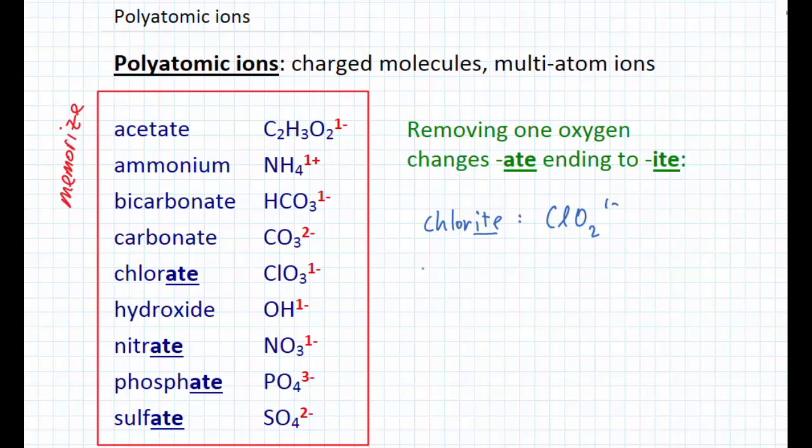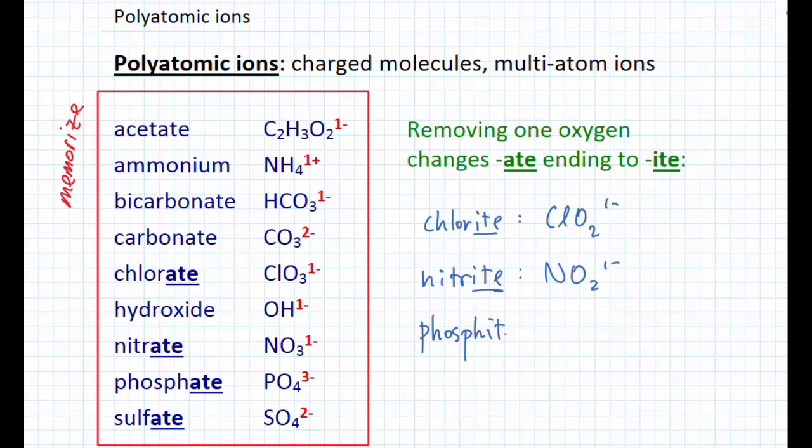Nitrite, NO2, 1 minus. So nitrate and chlorate are really very similar. Nitrite and chlorite are really very similar.